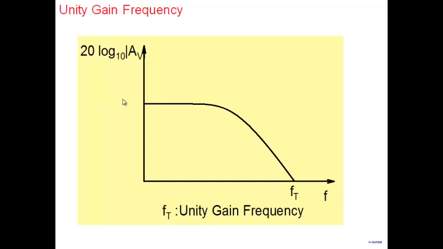Besides that, there are multiple ways of characterizing the frequency response. Sometimes you'll see a parameter called unity gain frequency. We just said that the amplifier gain falls at higher frequencies, and if you go to a sufficiently high frequency, the gain will fall to a value of 1, which means 0 dB. We call that the unity gain frequency.